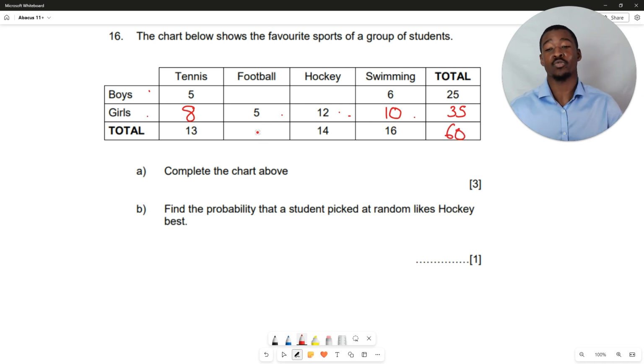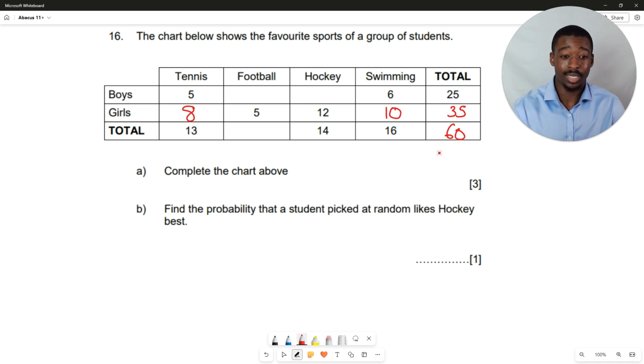So you see how we're going through the table systematically, trying to work out the situations where we only have one unknown. So here we have 13 plus something, plus 14, plus 16 equals 60. So let's work out 13, 14, 16. 13 plus 14 is going to give us 27. 27 plus 16 is going to give us, 27 plus 6 is 33. 33 plus the remaining 10 is 43.